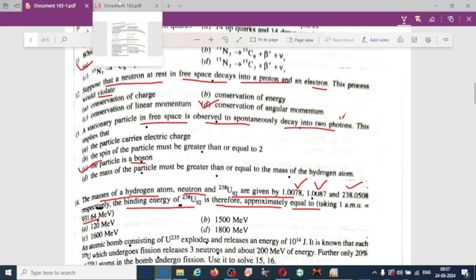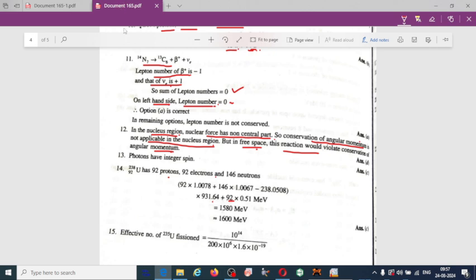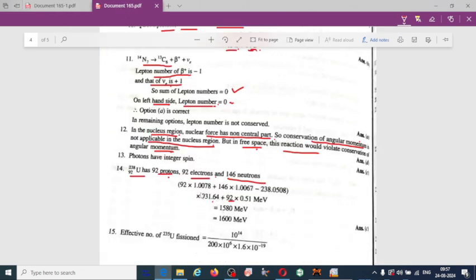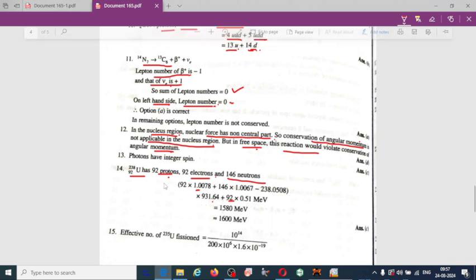Given fuel is uranium-238, which consists of 92 proton, 92 electron, 146 neutrons. So if we multiply with the masses of these three, we will get here, and we should multiply with the atomic unit also, the given value 931.64 mega electron.